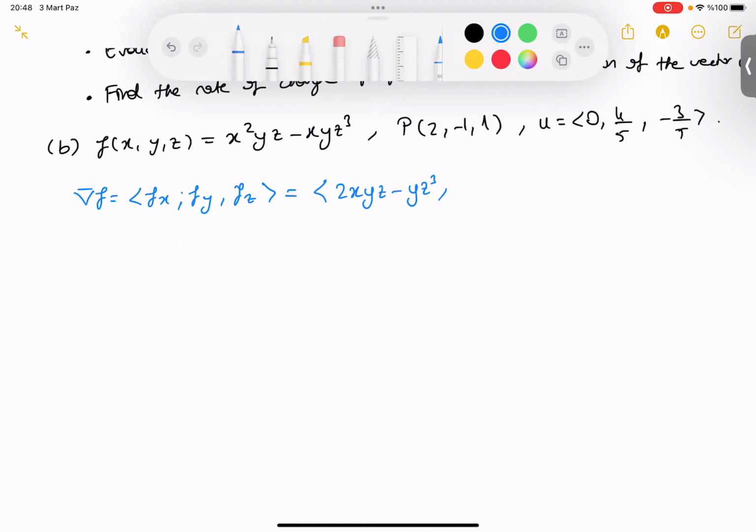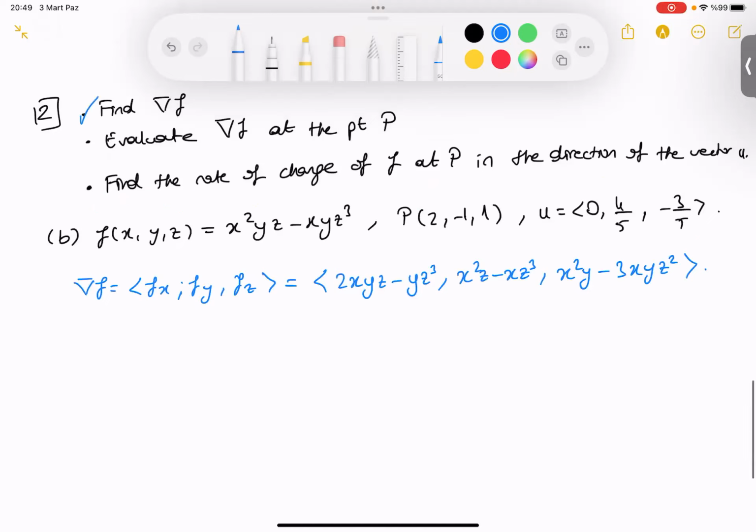And for the second component, you take the derivative of f with respect to y, which is this. And finally, with respect to z. So we're done with the first one.